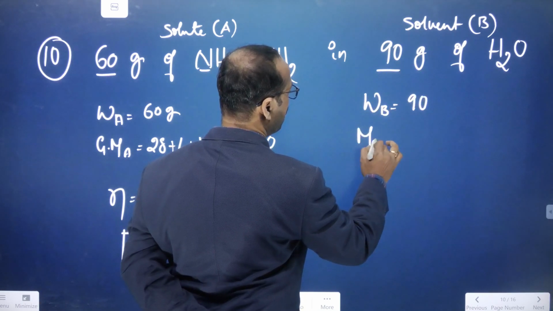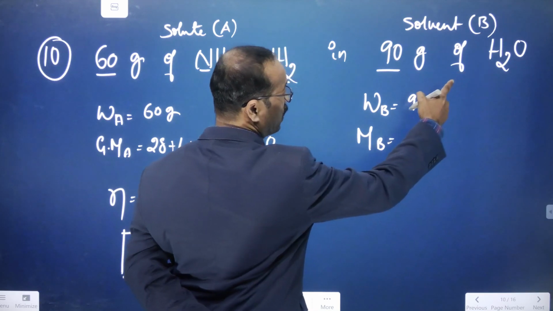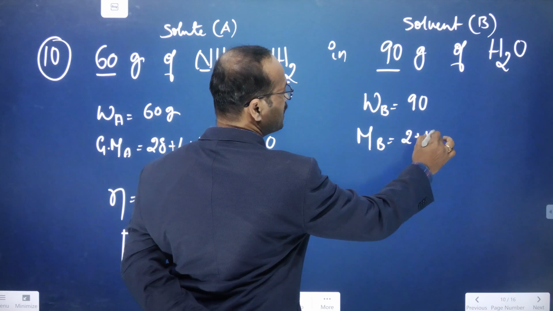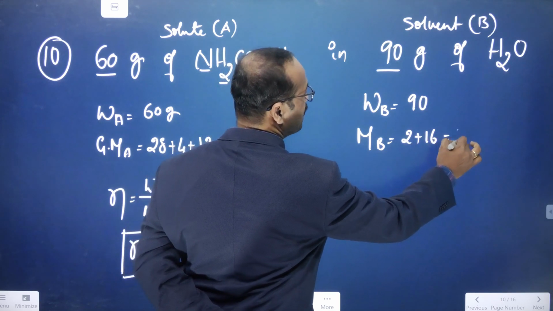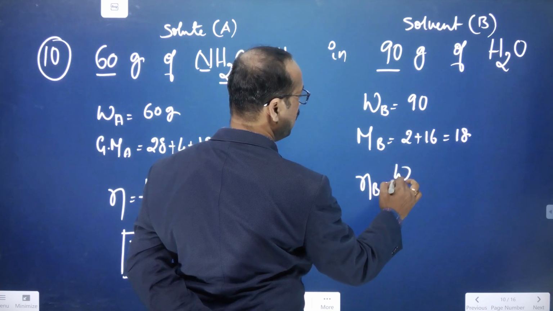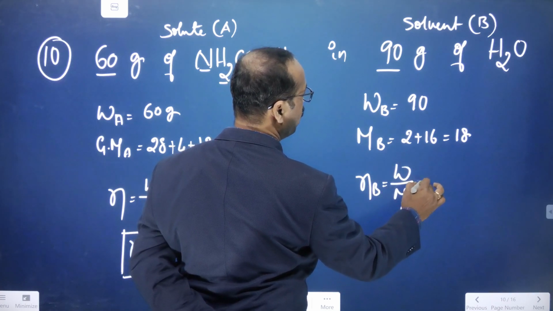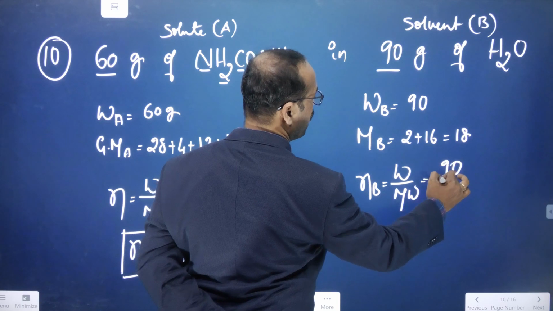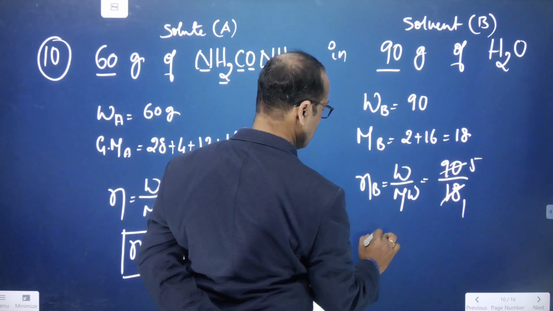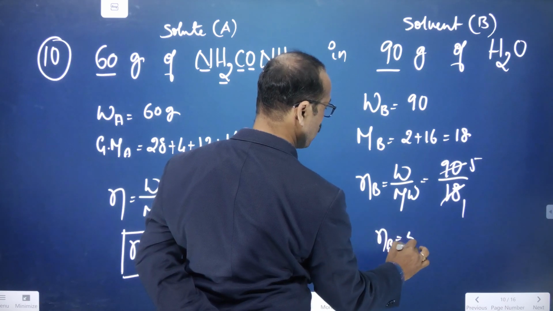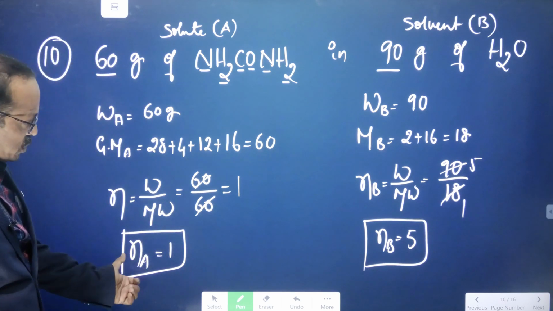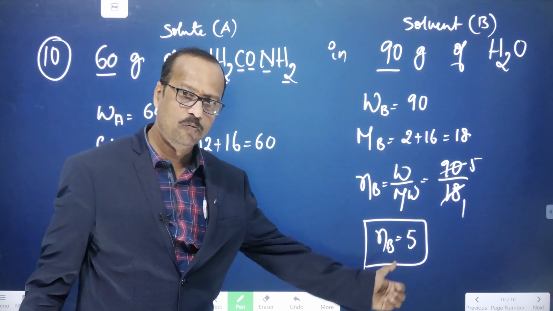Molecular weight of water: 2 hydrogens, 2 ones are 2, 1 oxygen, 16. 2 plus 16, 18. So number of moles is weight by molecular weight. Weight is 90, molecular weight 18. 18 fives are 90. So I got Nb is equal to 5. So I got Na, number of moles of solute, and Nb, number of moles of solvent.